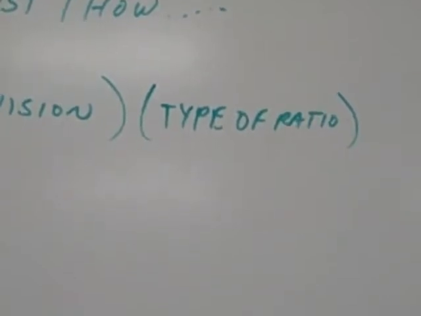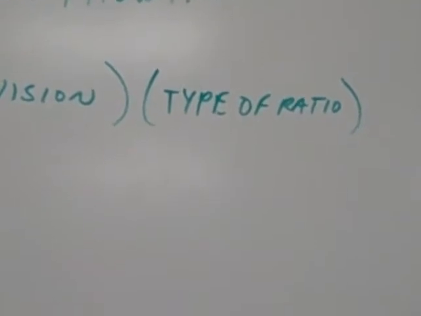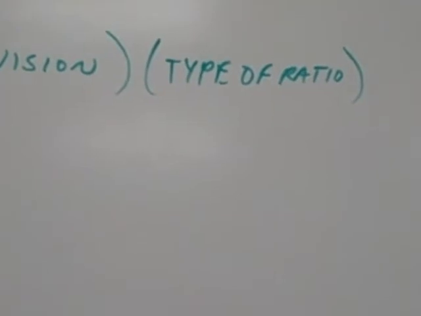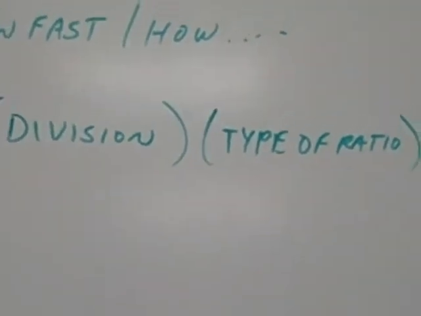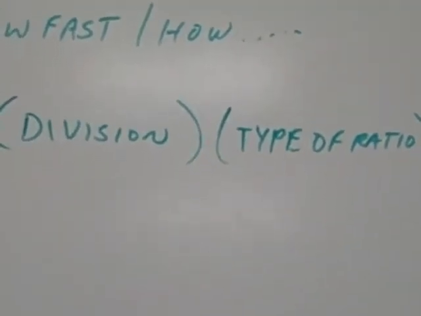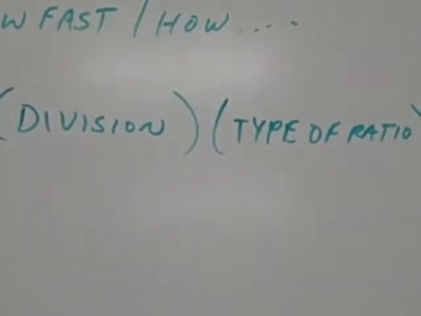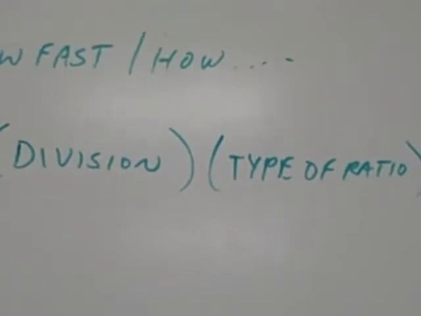You divide the bottom into the top. So technically, ratios yesterday are also a division problem, but we just never did the division. We left them in fraction form. So when we go to unit rate, we're technically going one step further with our ratios. We're going to actually do the division.